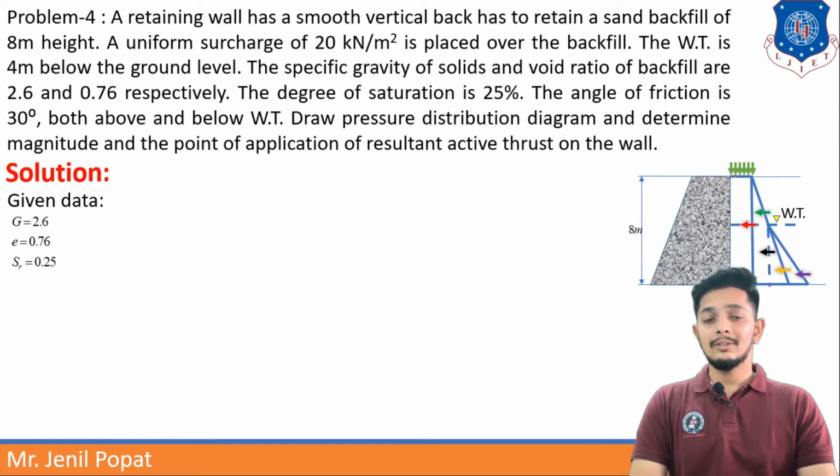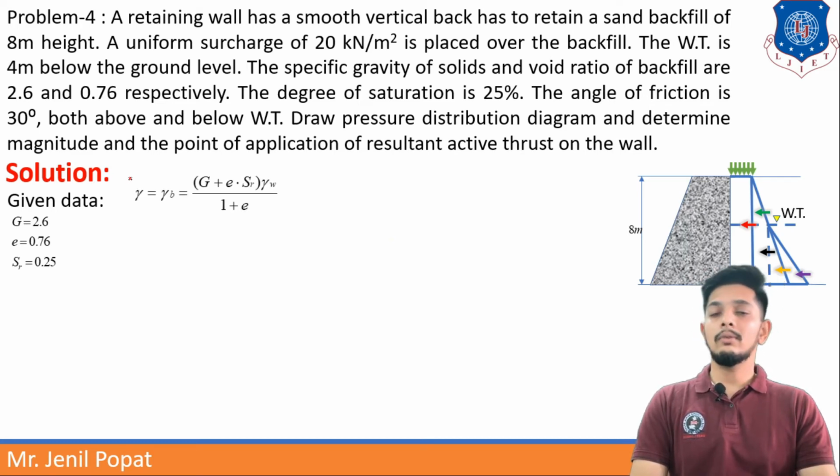Here I have shown the surcharge, one rectangle we can see that is due to surcharge, and the upper triangle we can see with a green arrow which is due to the upper half of the soil. And for the bottom half of the soil we have to calculate two triangles which are shown by orange and lavender arrows. Let us calculate this through basic unit weight.